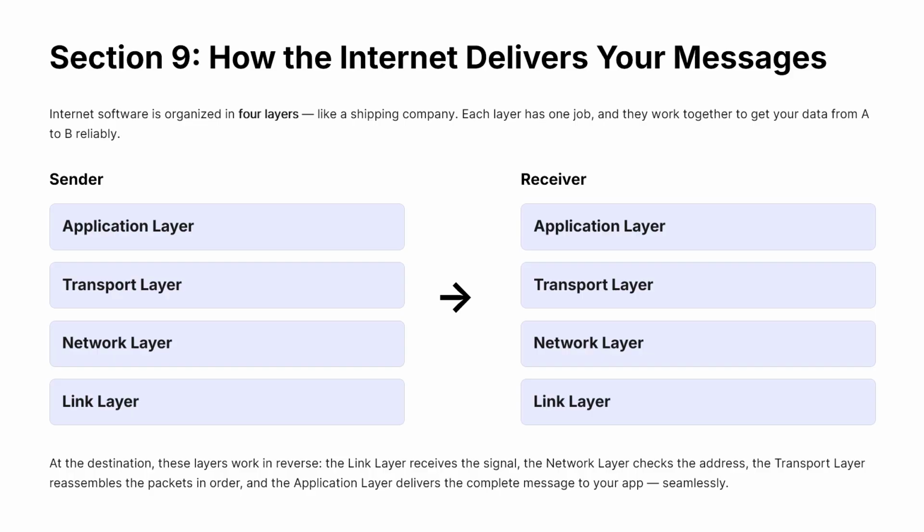This layer chops your message into small pieces called packets, numbers them so they can be reassembled, and hands them to the network layer. The main protocol here is TCP, Transmission Control Protocol. TCP is like registered mail. It confirms every packet arrived and resends anything that got lost.